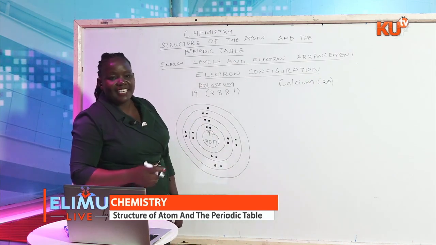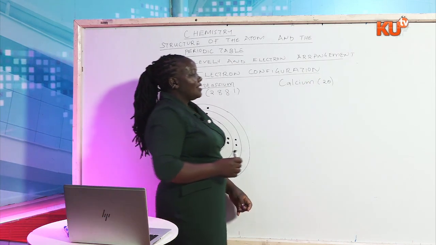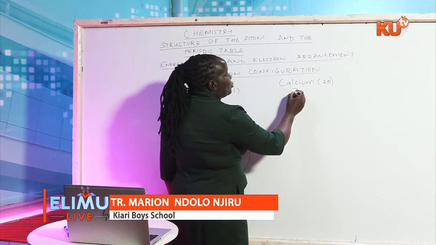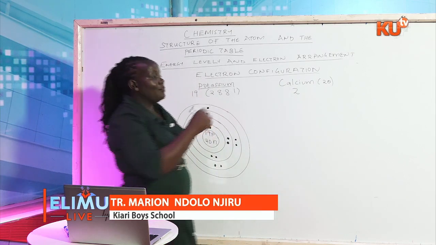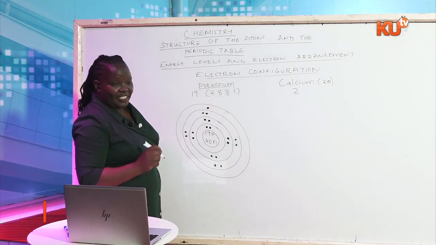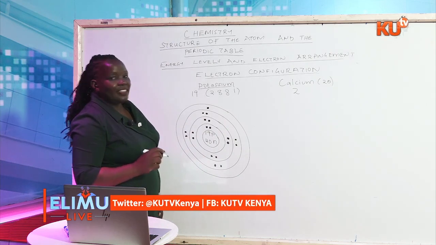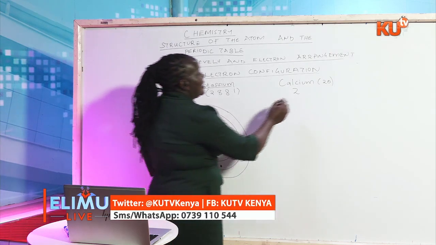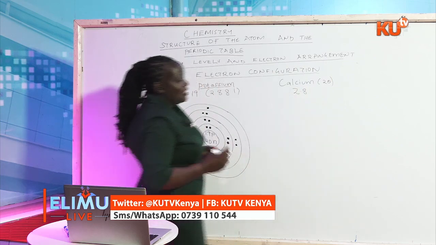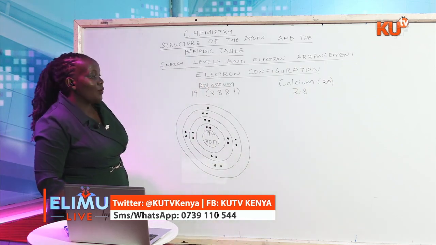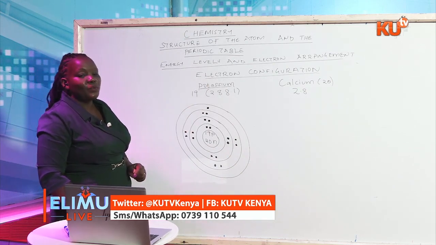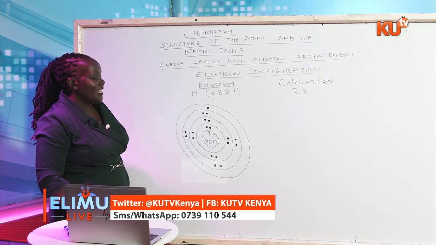We have the first energy level, which we have said will carry a maximum of 2 electrons. So if 2 are in the first energy level, it means that we are left with 18 electrons. Then the next energy level will accommodate 8. So now we have 10 electrons there. That means we still have 10 more electrons.